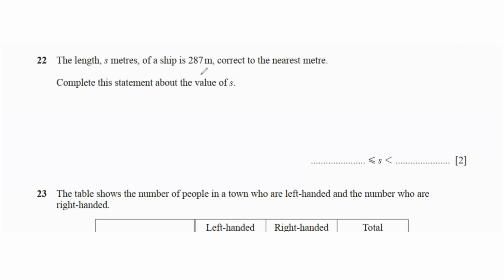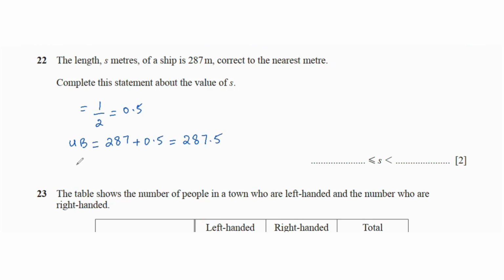The length S meters of a ship is 287 meters, correct to the nearest meter. Complete the statement about the value of S. If it's correct to the nearest meter, we're going to do 1 over 2, which is 0.5. Upper bound would be 287 plus 0.5, which is 287.5.